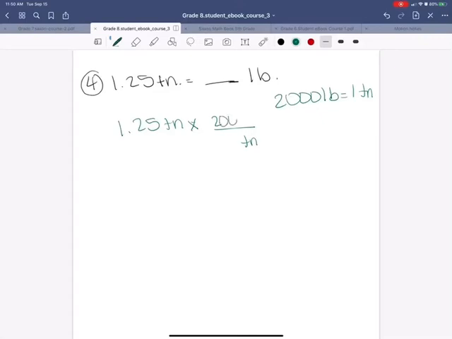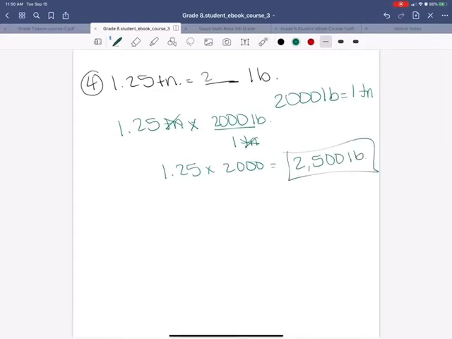So we're going to get rid of the tons so that we're left saying 1.25 times 2,000 equals 2,500 pounds. All right, and that is our answer.